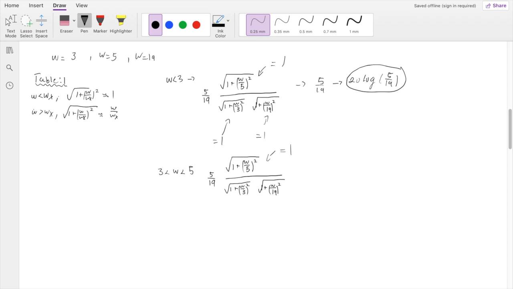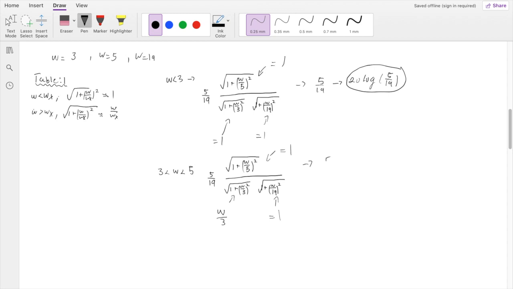this as equal to 1, this part as equal to 1, but here, referring to table 1, it's different. We have to write this as W over 3. Why? Because W is now greater than 3, so it'll be a decimal number that gets squared, and when you add that to 1, it doesn't really make much of a difference, and then you square root that again. So it's just approximately equal to W over 3.